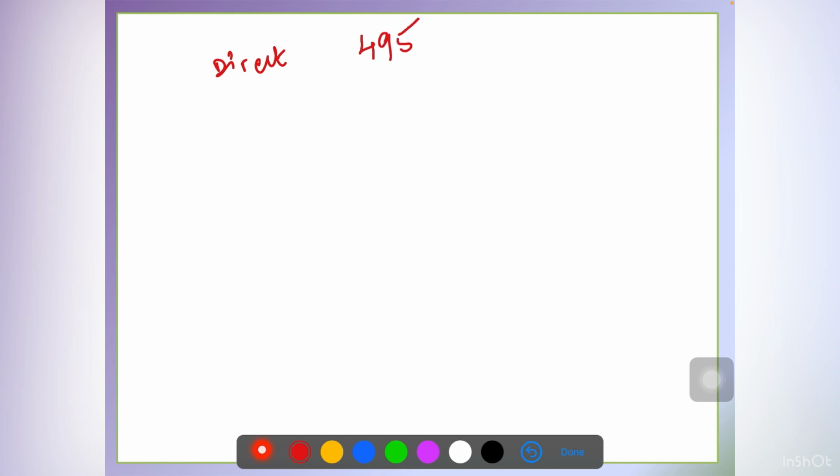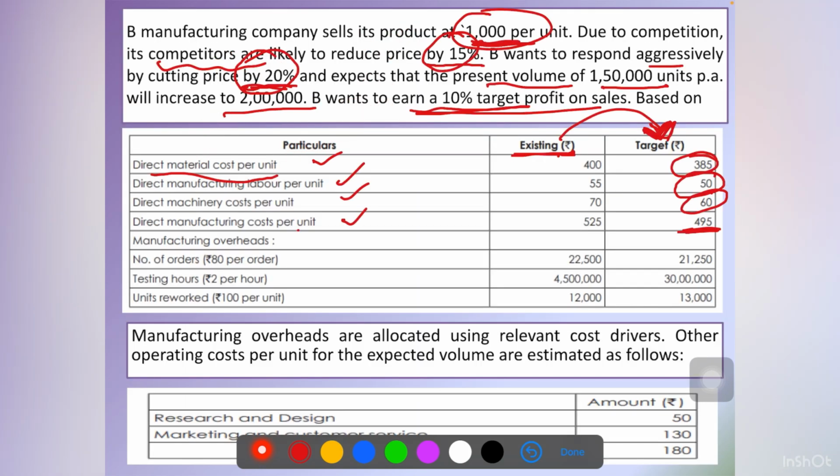495. Then further in direct cost, what do I add? We have to add the manufacturing overheads. Manufacturing overheads comprise all other costs except the direct cost, right? Then in this it is the number of orders. Now the number of orders is 80, right? It is per order 18.